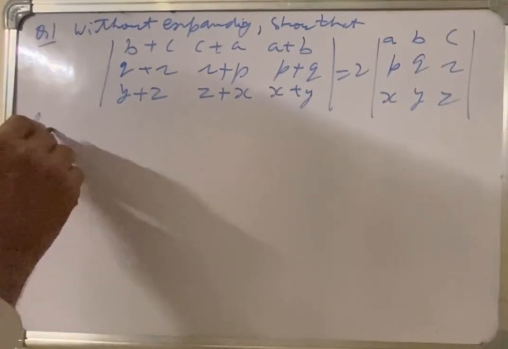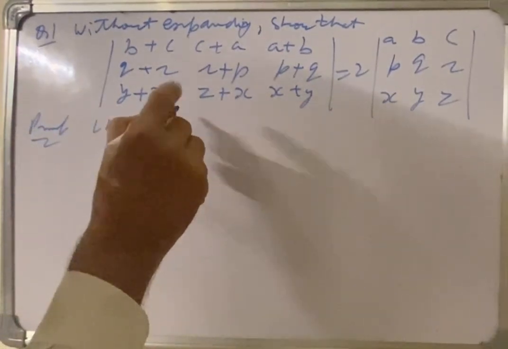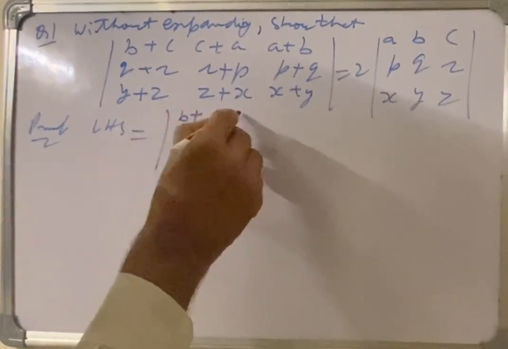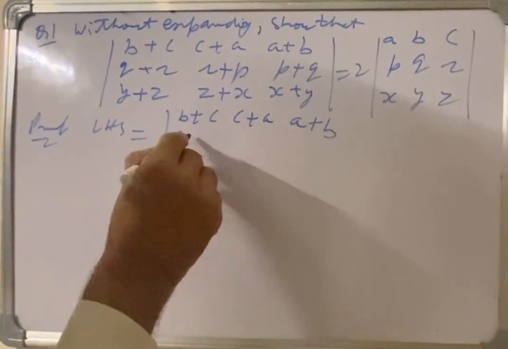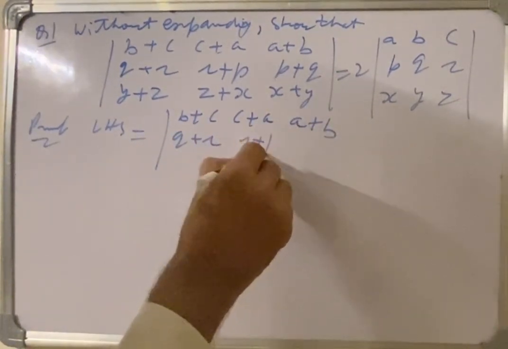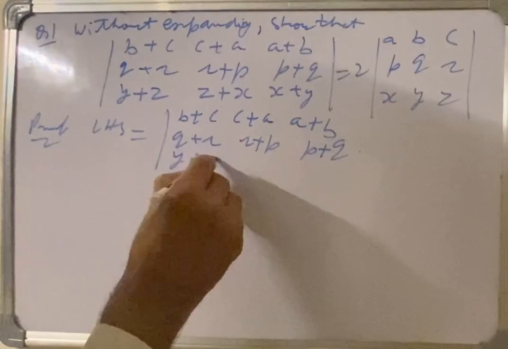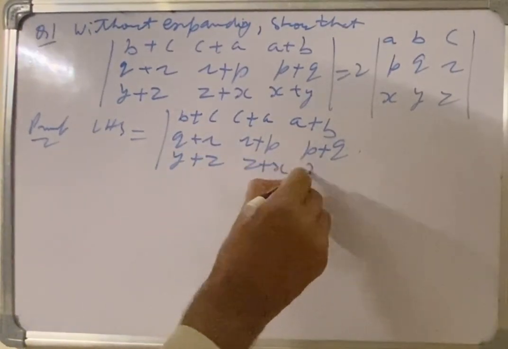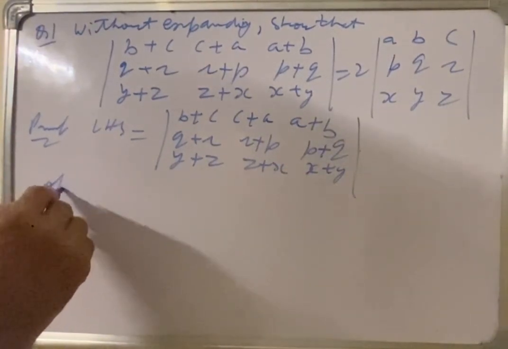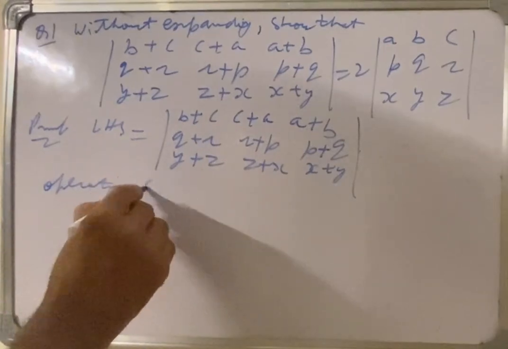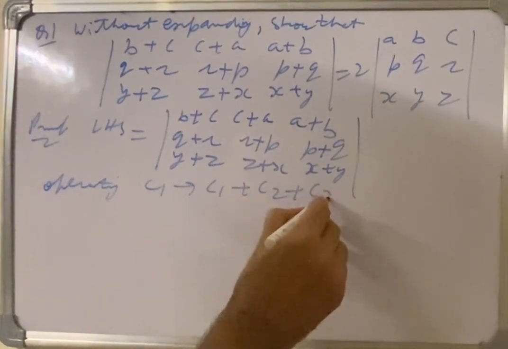Proof: left hand side is the determinant with rows b plus c, c plus a, a plus b; q plus r, r plus p, p plus q; y plus z, z plus x, x plus y. Operating on the first column, C1 goes to C1 plus C2 plus C3.